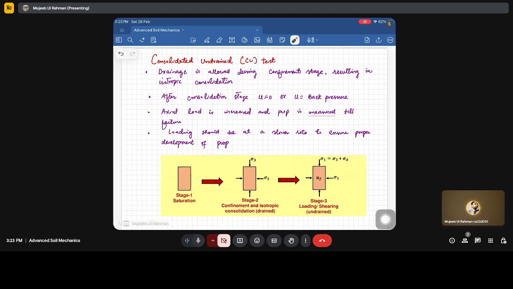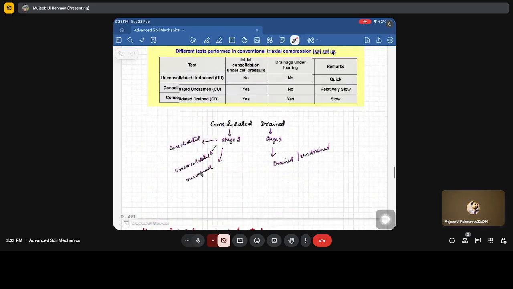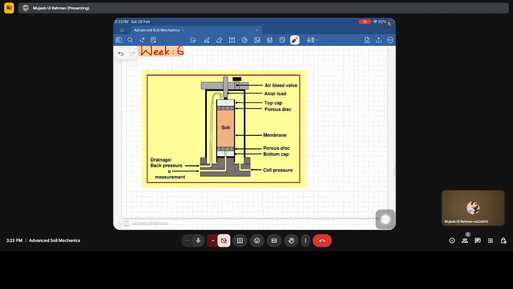Now, as I told you, when we are loading the sample in the triaxial, generally if you see here, pore water pressure measurements are done at the base and back pressure is applied at the top, correct? Since at this moment we have not introduced you to the terms cell pressure and back pressure, but you might have seen the lectures and might be aware of these terms now.